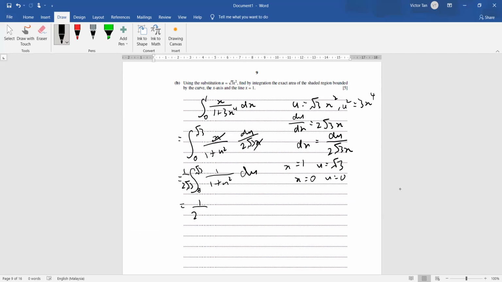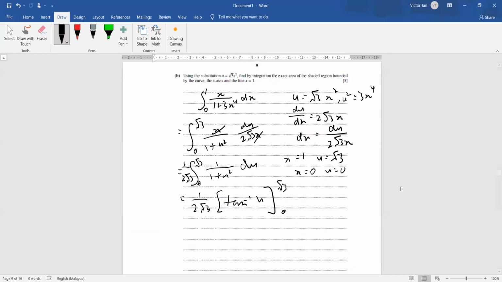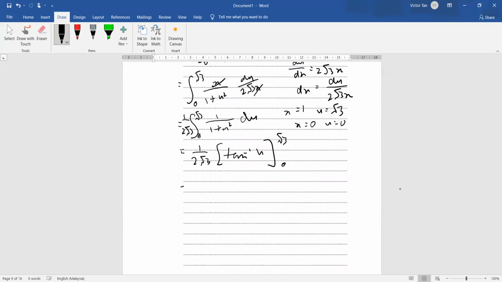So this will be 1 over 2 root 3 arctangent u from 0 to root 3. Okay, 1 over 2 root 3, arctangent of root 3 is pi over 3, minus arctangent 0, which is 0.